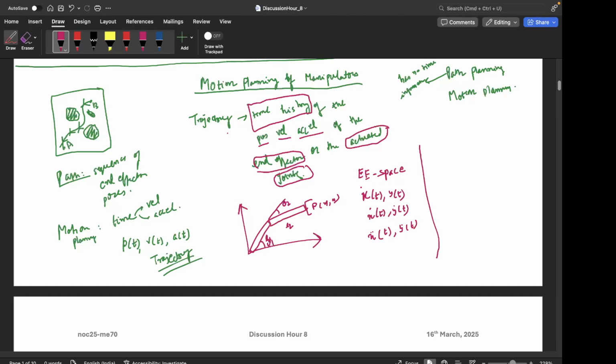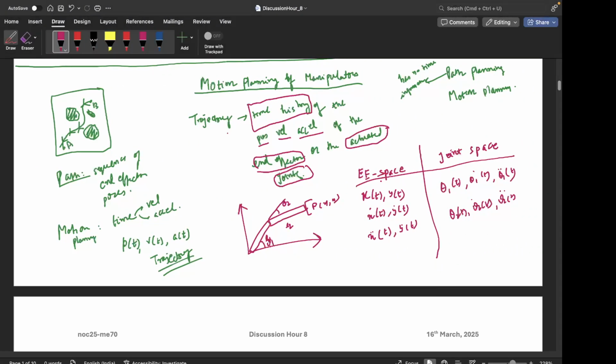Or I can specify in the joint space, the two spaces that we have seen before as well. Or we can specify what is theta 1 of t, theta 1 dot of t, theta 1 double dot of t, and what is theta 2 of t, theta 2 dot of t, and theta 2 double dot of t.